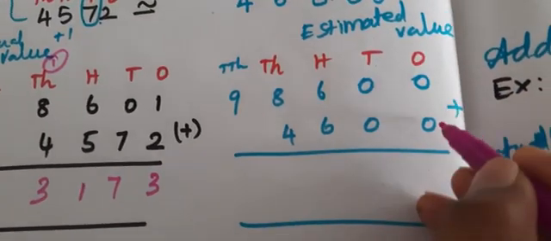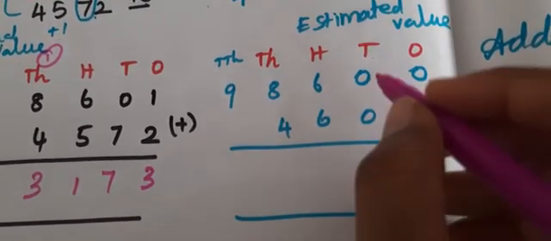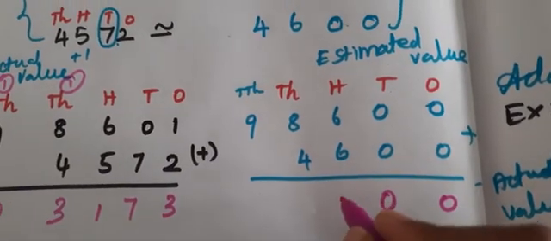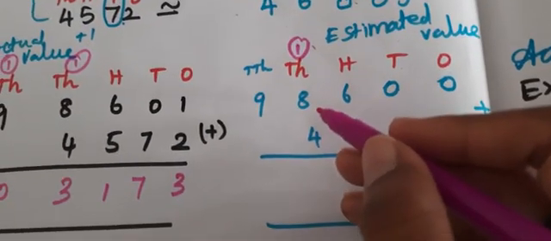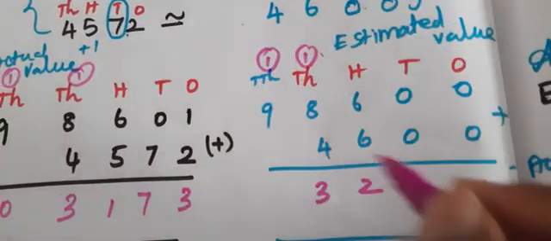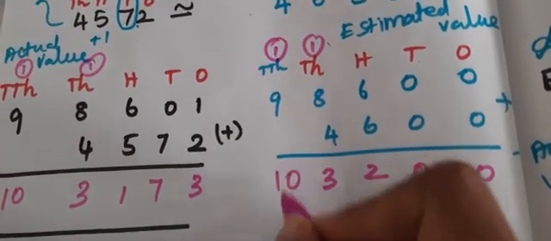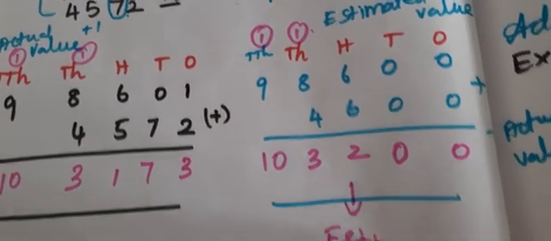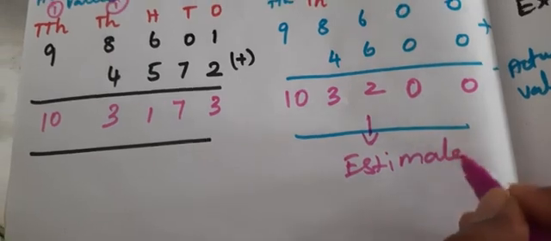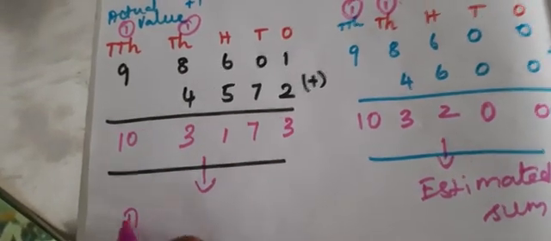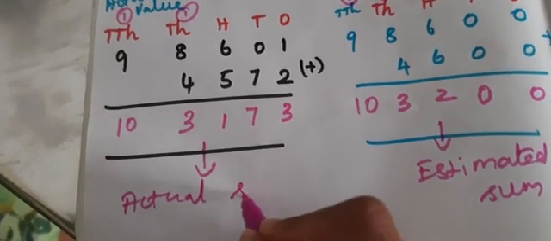Ones place. 0 plus 0 is 0. 0 plus 0 is again 0. 6 plus 2 is 12, 2, 1 is a carryover. 1 plus 8 is 9. 9 plus 4 is 13, 3, 1 is a carryover. 1 plus 9 is 10. Here this is the estimated sum, and this one is the actual sum.